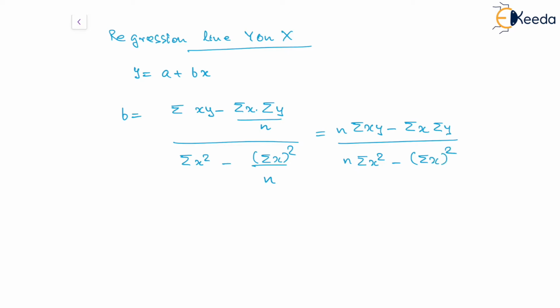So this is how we can give the value of b, and this is also represented as b equal to Sxy by Sxx, where Sxy and Sxx have their usual meaning, which we have already represented here.